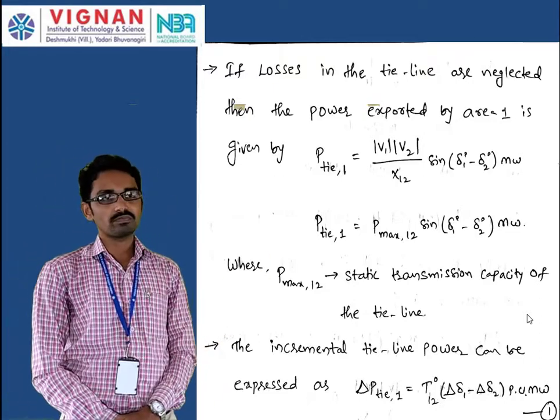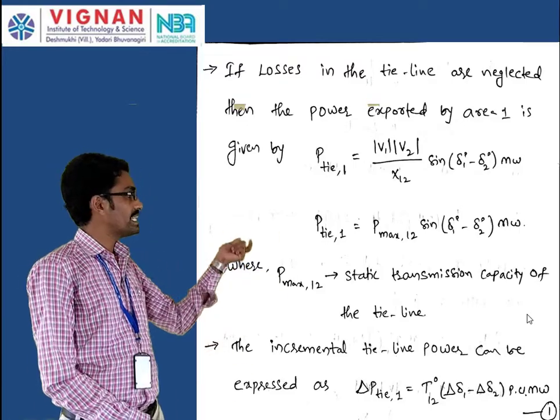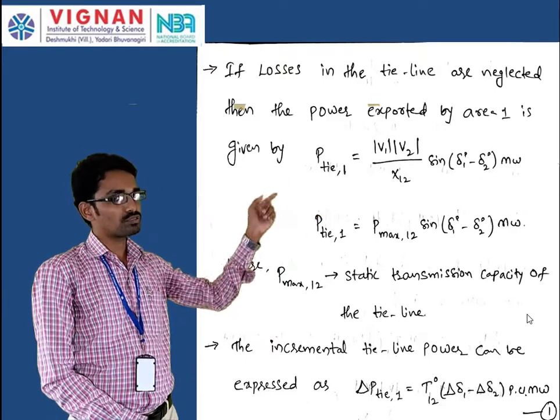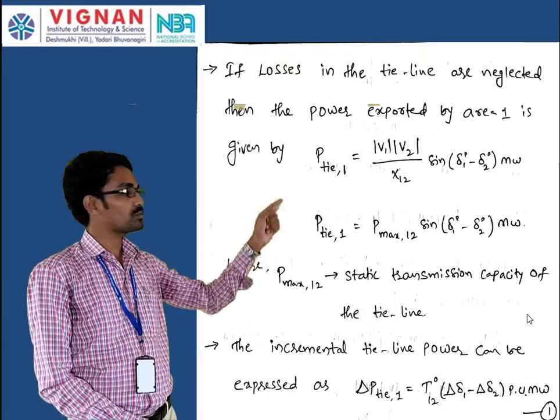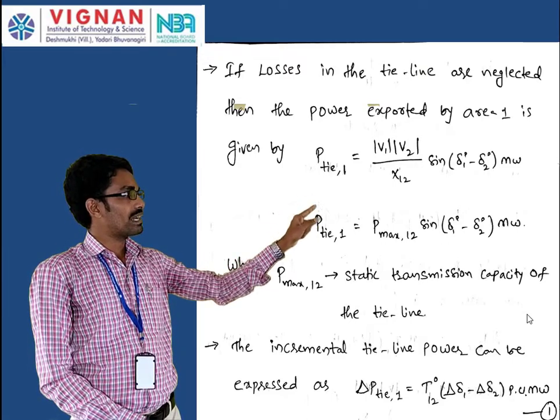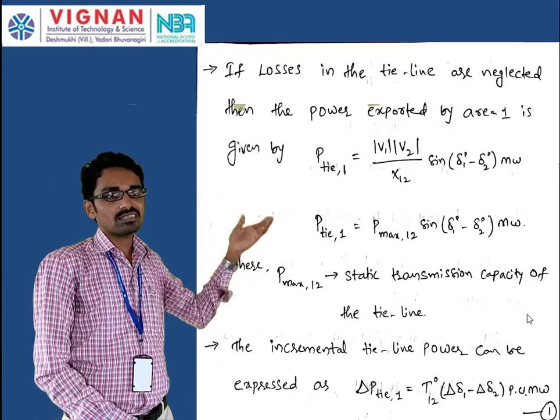The power transferred from, or exported from, area 1 is given by P tie 1 equals magnitude of V1, magnitude of V2 by X12 into sine of delta 10 minus delta 20, in megawatts. Why am I considering this equation?